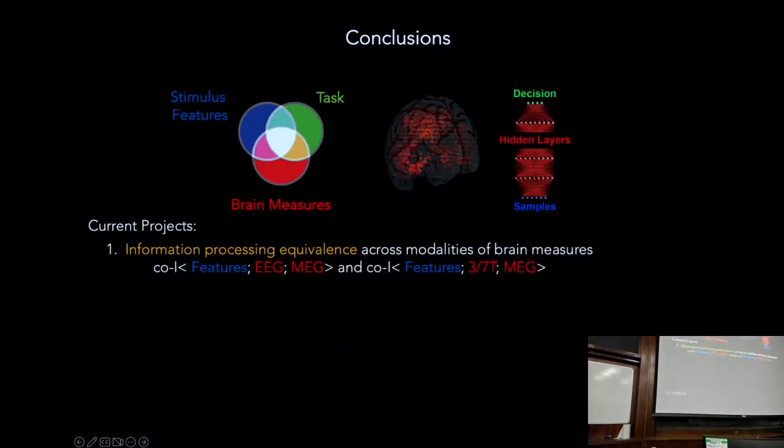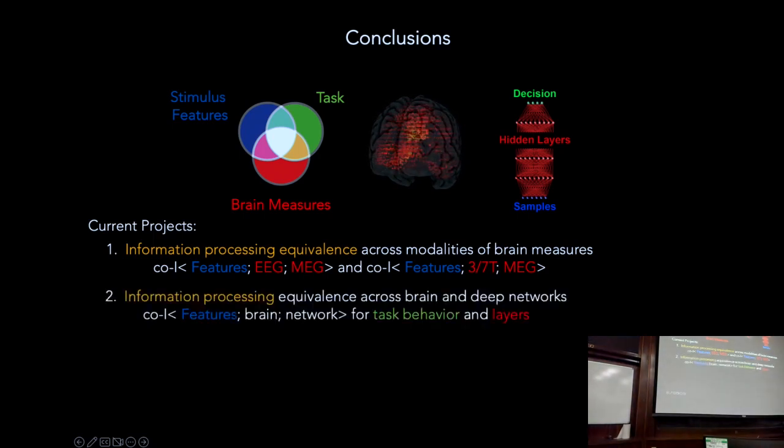Where do we go now? We are very interested in looking at some form of information processing equivalence across modalities of brain measures, for example, EEG and MEG, or MEG and fMRI, to integrate their relative strength in terms of feature processing. We also want to go much deeper into understanding how features are similarly processed in the brain and DNN models, particularly for layers.